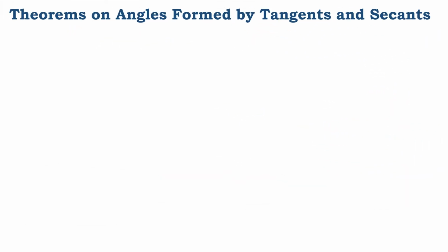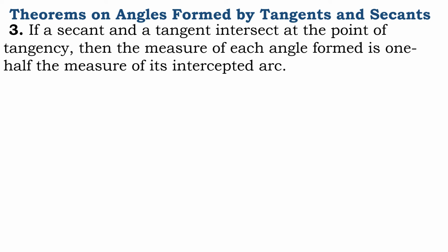Theorem number 3. If a secant and a tangent intersect at the point of tangency, then the measure of each angle formed is 1/2 the measure of its intercepted arc.